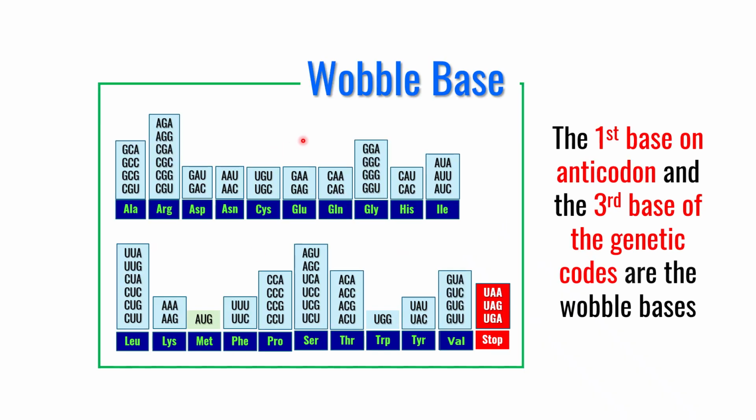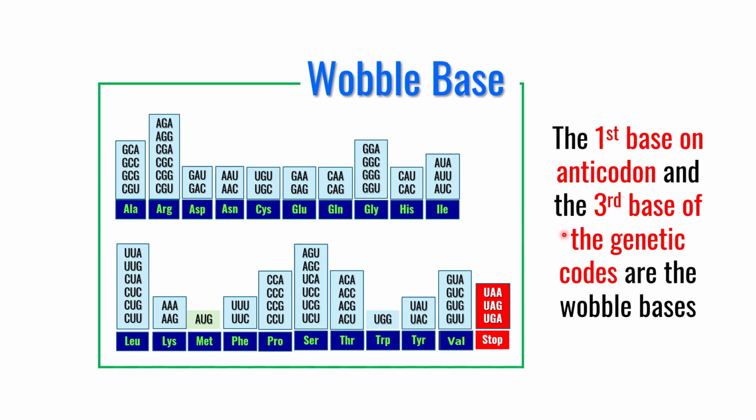To understand the topic, we should first learn wobble base with the help of this cartoon. Shown here are 64 genetic codes including 61 sense codons. In most cases there are 2 or more codons for the same amino acid. Such a group of codons are known as degenerate codes.